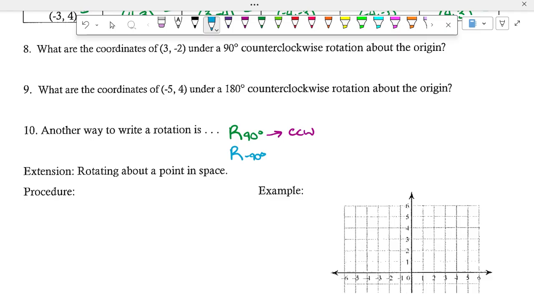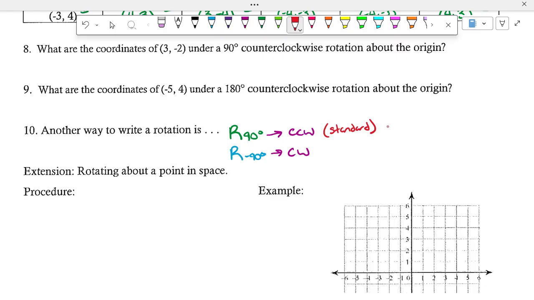Positive angles on a graph mean you're going counterclockwise around whatever point. Negative on a graph means you're going clockwise. The standard is counterclockwise. It should always specify, but if it doesn't, assume it's counterclockwise.